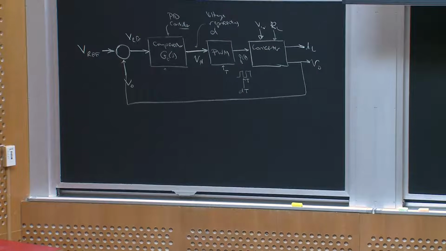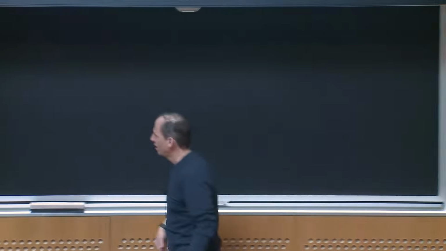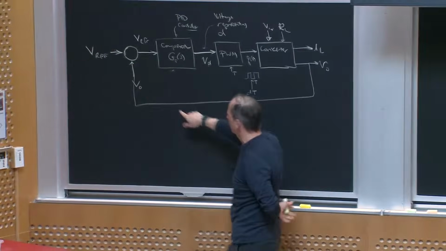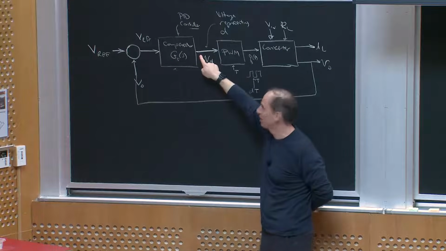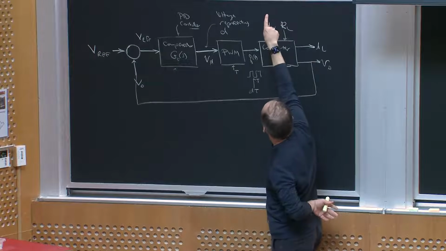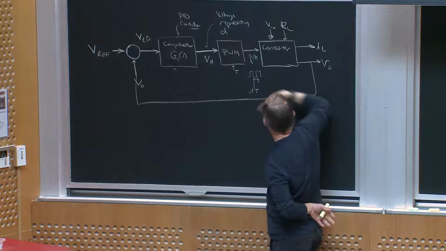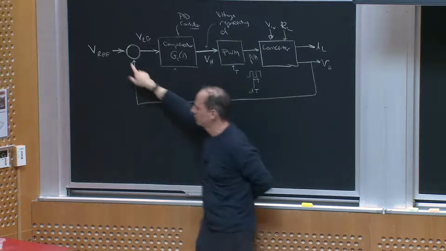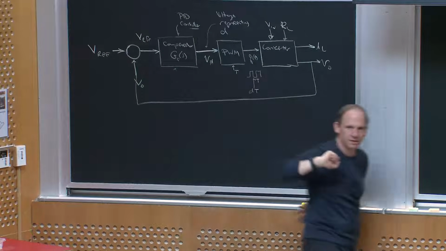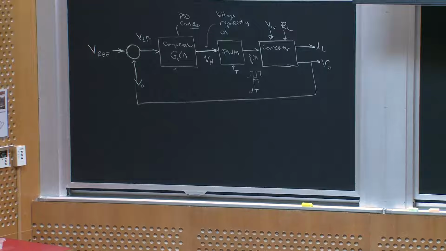Okay, so this is a typical closed loop control system, right? If V out gets smaller than the reference voltage, V error goes up, I amplify that, my duty ratio goes up, and when my duty ratio goes up, my output voltage goes up, and I close the loop, and eventually, hopefully this settles to V out close to Vref. Okay? Any questions about that picture?